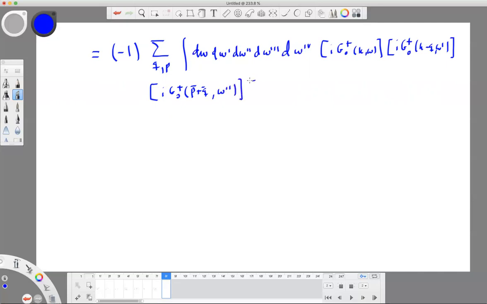Almost finished here, so G0 plus, then we have the momentum P, omega triple prime. Then I'm just going to write the interaction here, which is the same interaction because it's associated with the same Q squared. And then we have the last propagator, i G0 plus, K and omega 4.